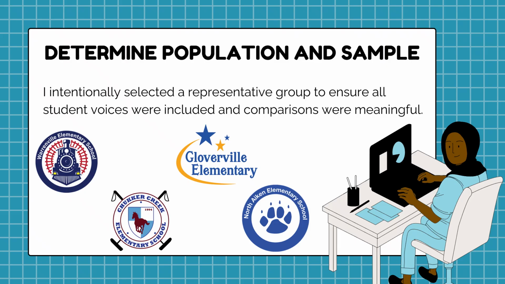And she actually has some of her colleagues or peers at the three other schools at Gloverville, Chilton Creek, and North Aiken who also wanted to be a part of the focus group.